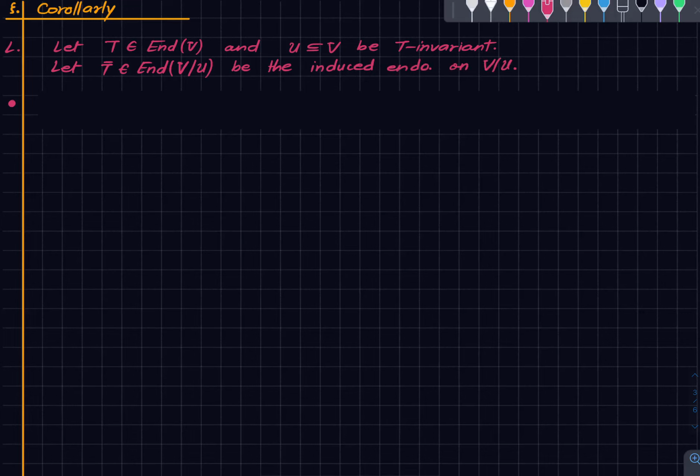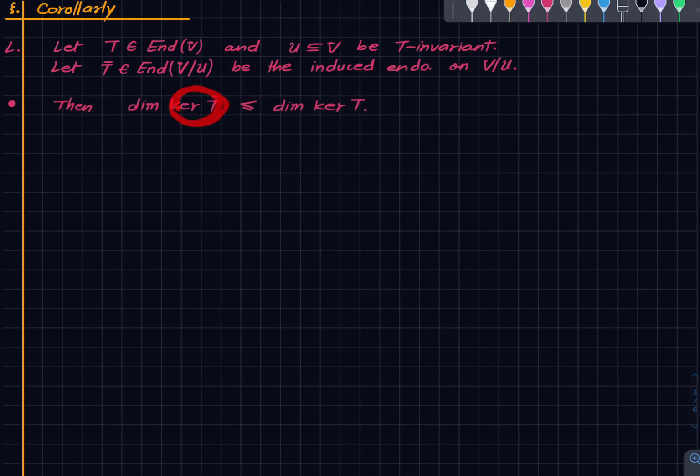Then what we want to say is that the dimension of the kernel of the induced endomorphism is at most the dimension of the kernel of the original one. Okay. So let's try to show this.